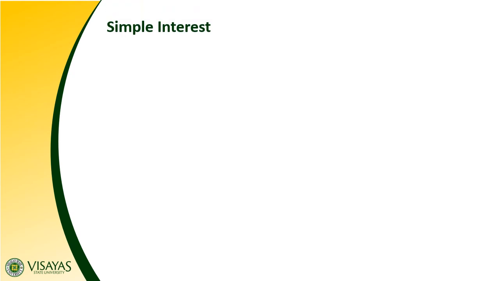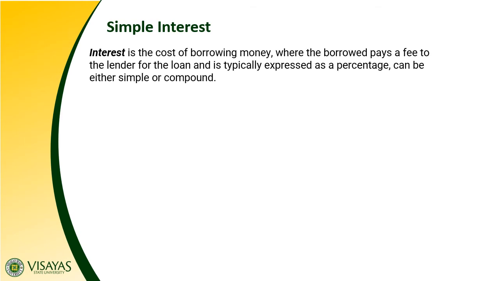And before we get into examples, no, problems of simple interest, let us first define some of the terminologies in simple interest. We have here the interest. It is the cost of borrowing money where the borrower pays a fee to the lender for the loan and is typically expressed as a percentage, can be either simple or compound.